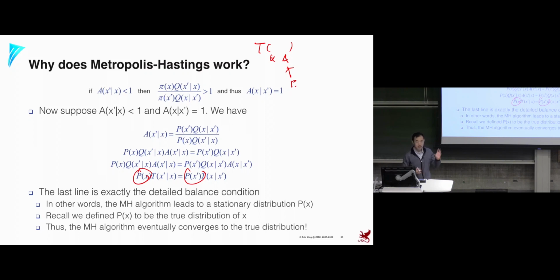But that means you can start from anywhere, x0, using the transition kernel as designed here. And then you are guaranteed to converge to P at the end. Okay, so that's basically the theory behind MCMC.